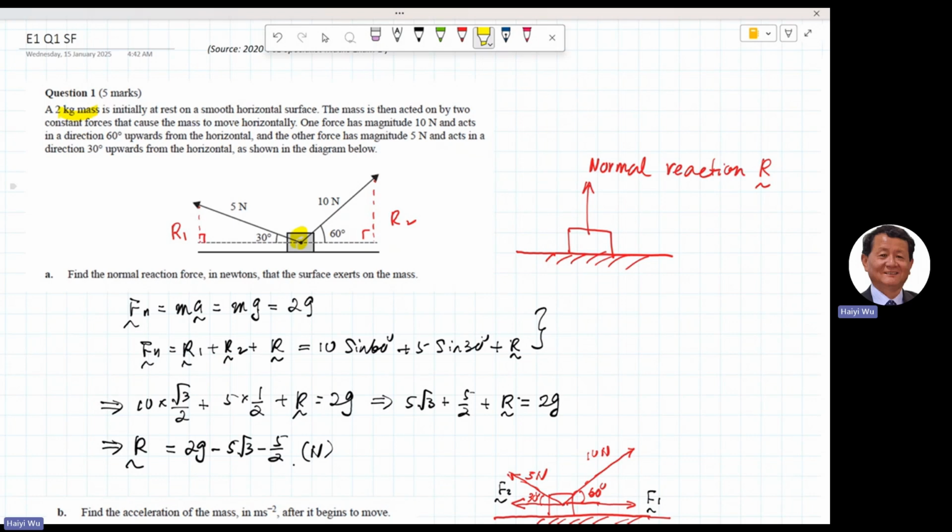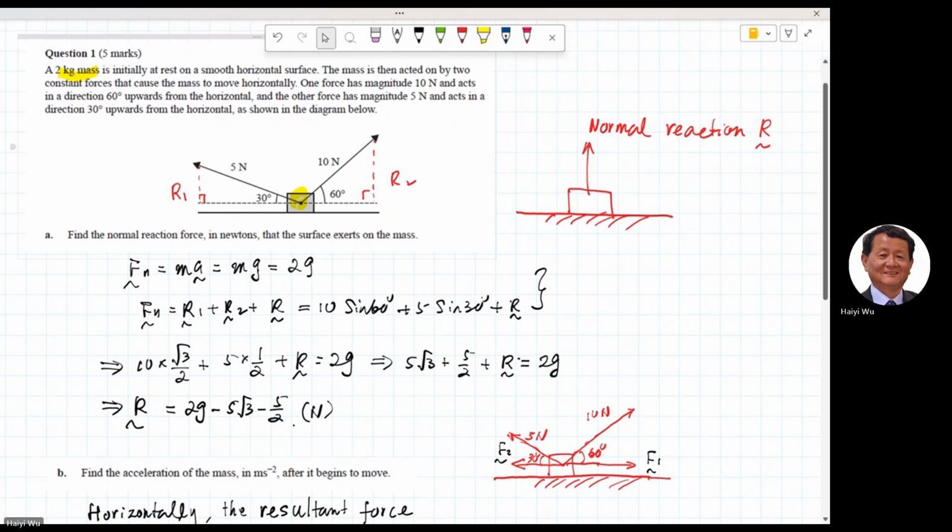So we've got two other forces. One points to the right-hand side, that's the first one. The other points to the left-hand side. We're given the magnitudes of the forces: one is 10 Newtons, the other is 5 Newtons.